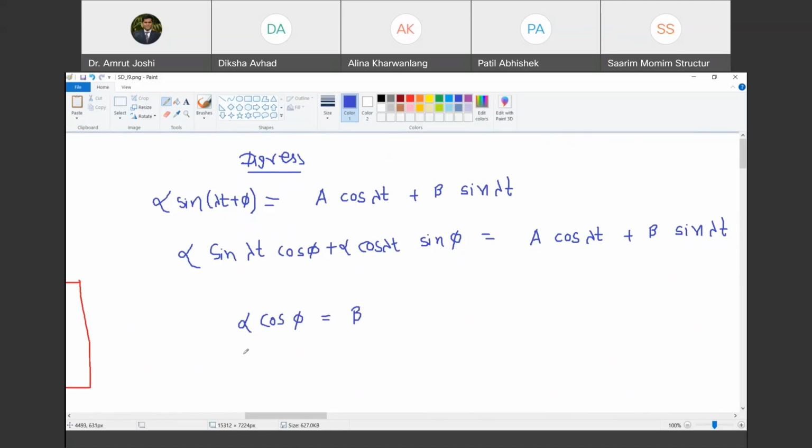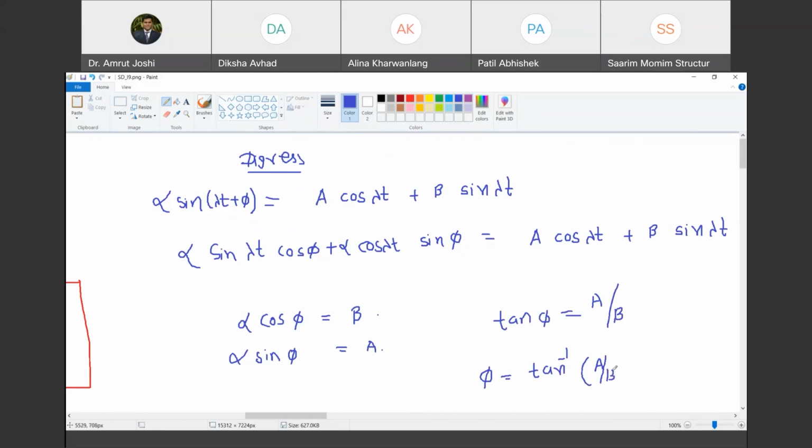And alpha sin phi must be equal to A. Now if I take ratio of second equation to first equation, what do I get? Tan phi is equal to A by B. So what is phi? Phi is equal to tan inverse of A by B.